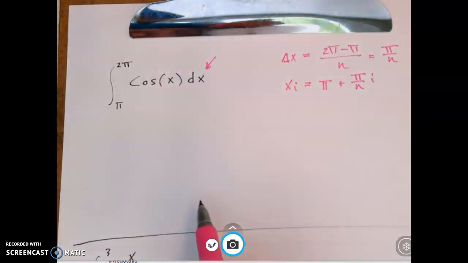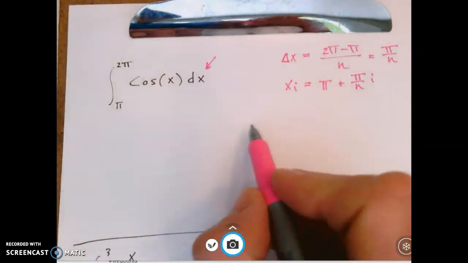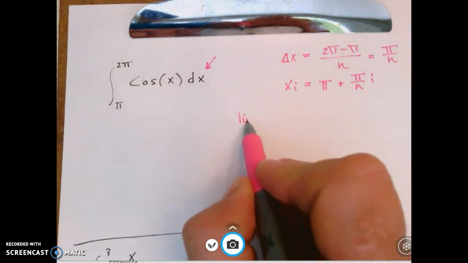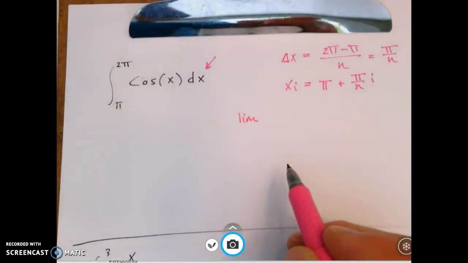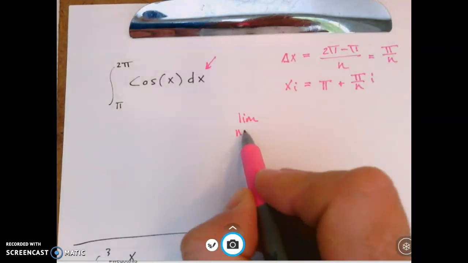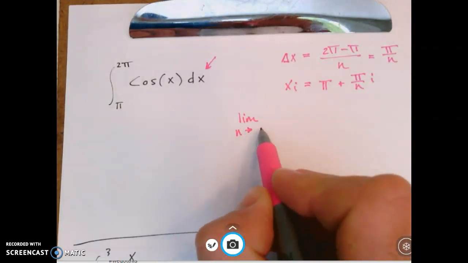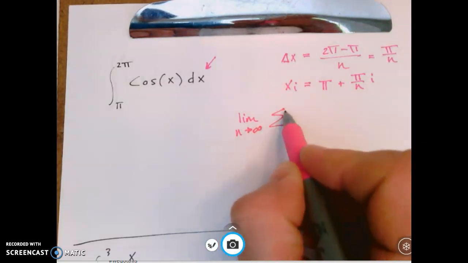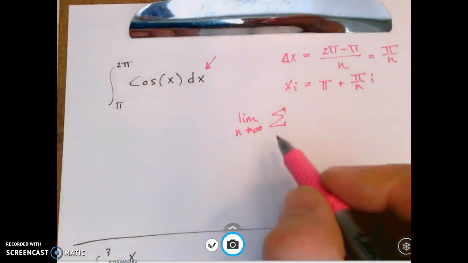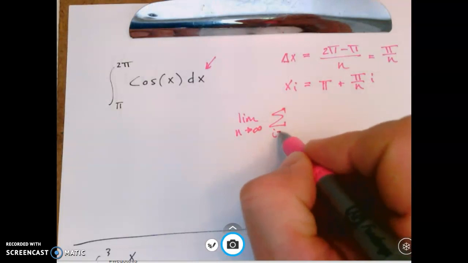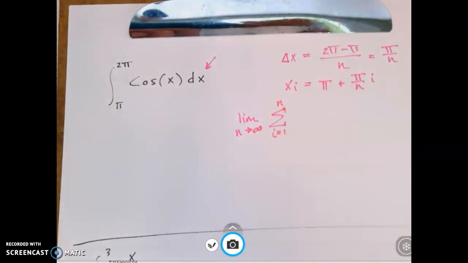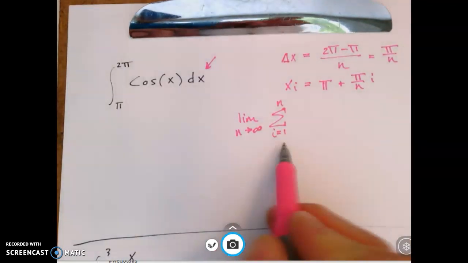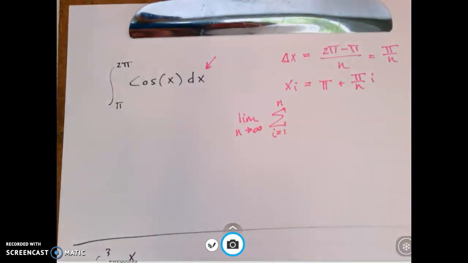Then I'm going to rewrite this whole thing, and I'm always going to write this first part the same way, which is limit as n approaches infinity. You're always going to have our sigma there, i equals 1 to n. This is always going to be the same every single time.